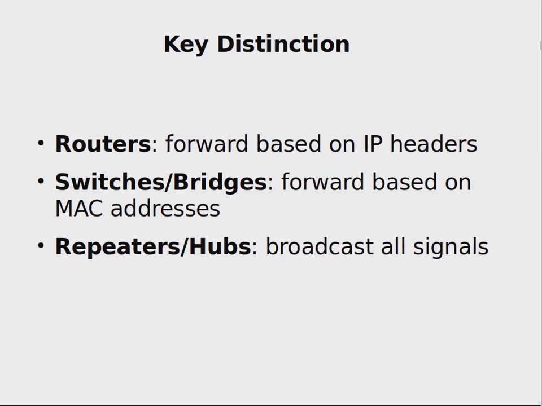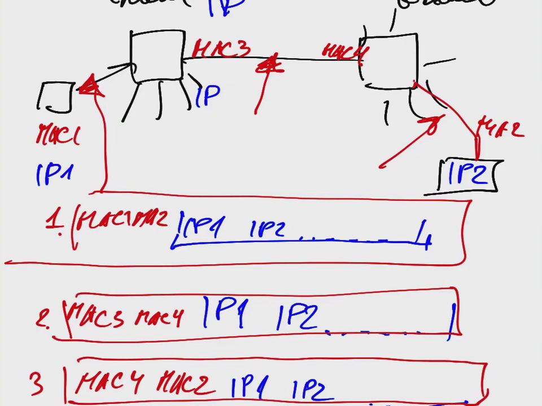Switches are less complicated because they can send these Ethernet frames only to those portions of the network where it needs to be. They check what the Ethernet target address of a particular device is.